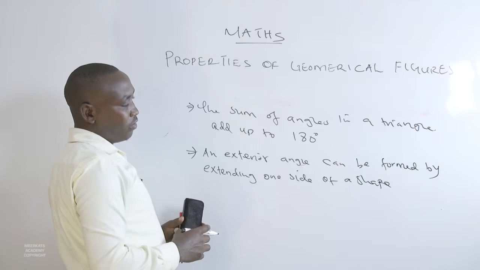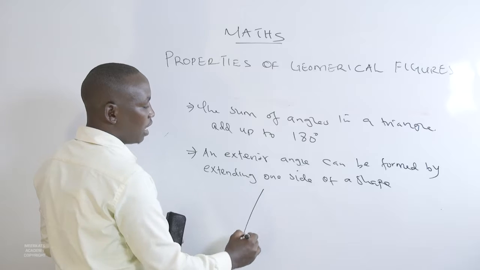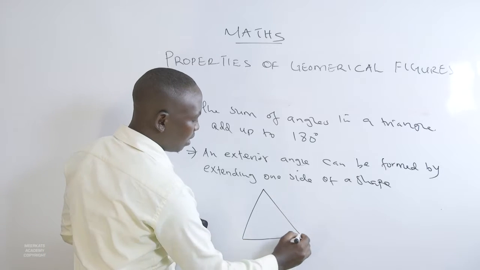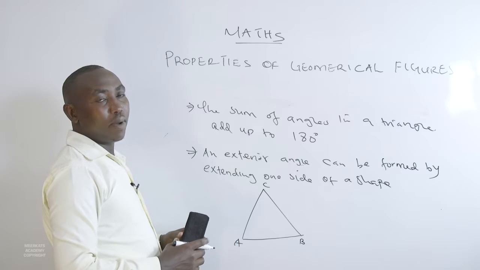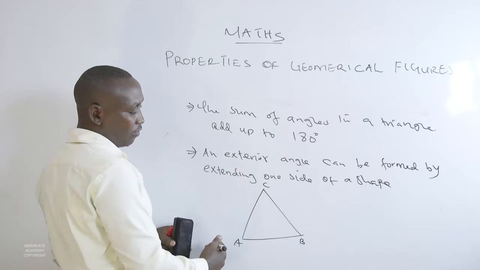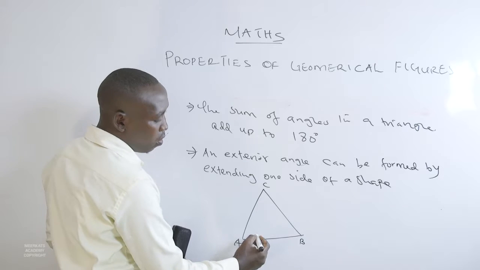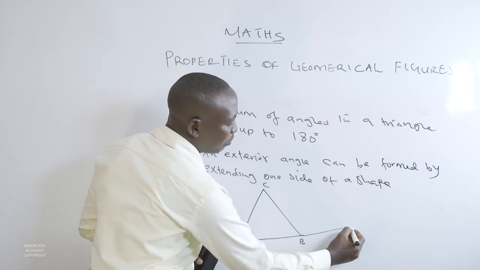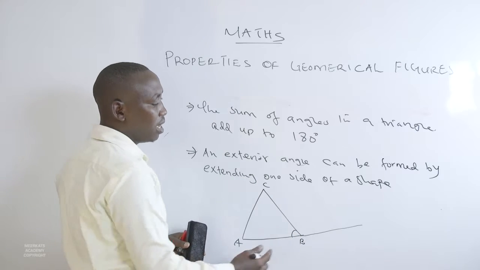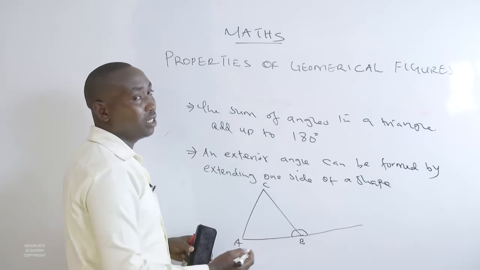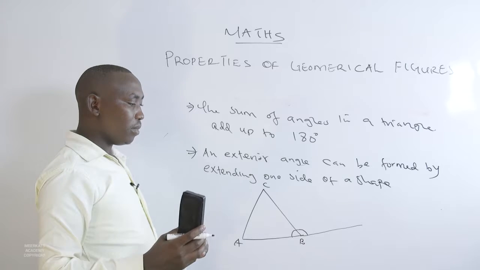And for such, if we had a triangle ABC and we want to form exterior angles, then if you want an exterior angle on this side, you just simply extend that side. This will be the interior angle and this one will be the exterior angle.